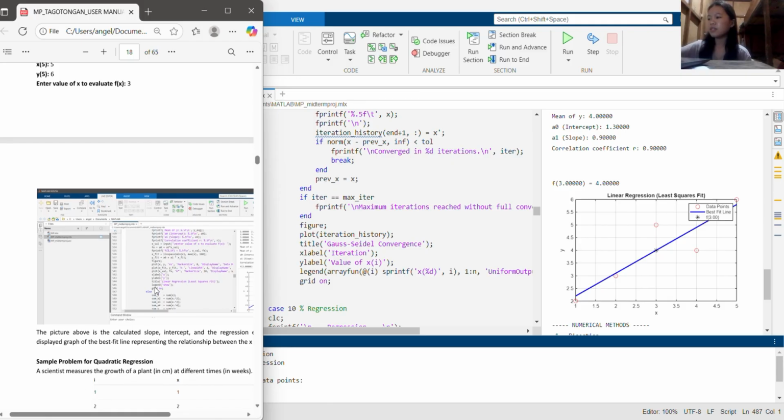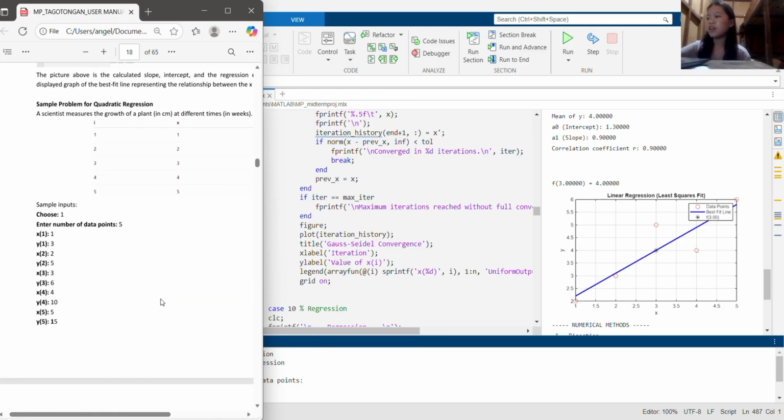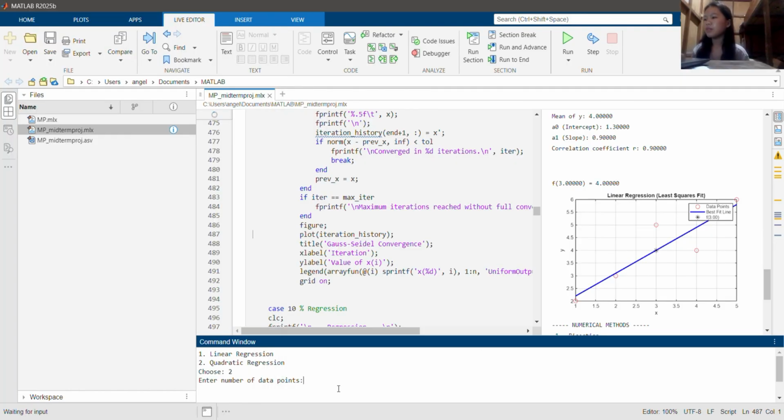And then next, we're going to try the quadratic regression. Number of data points is 5.